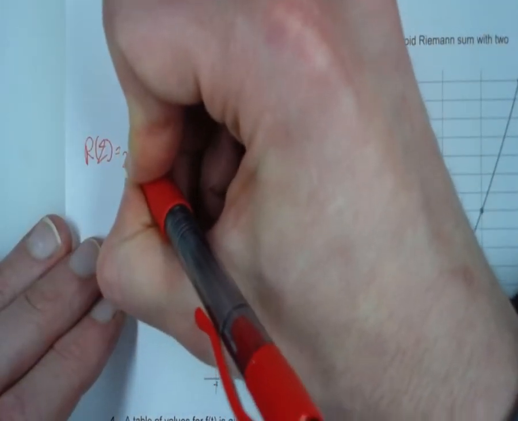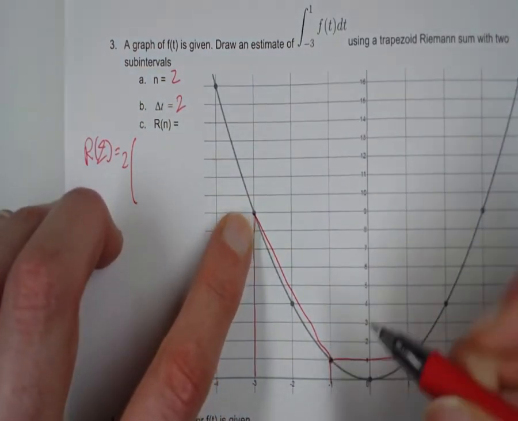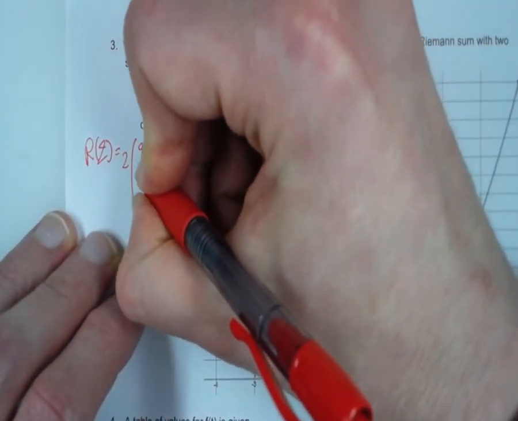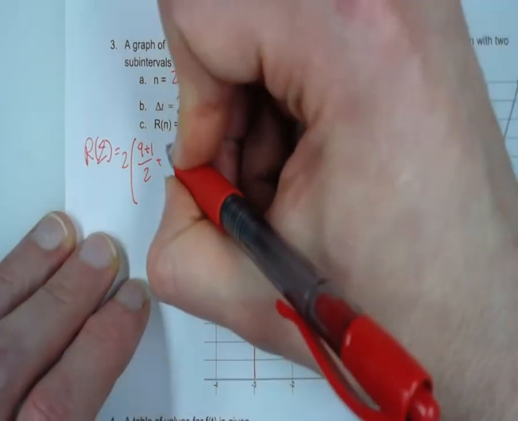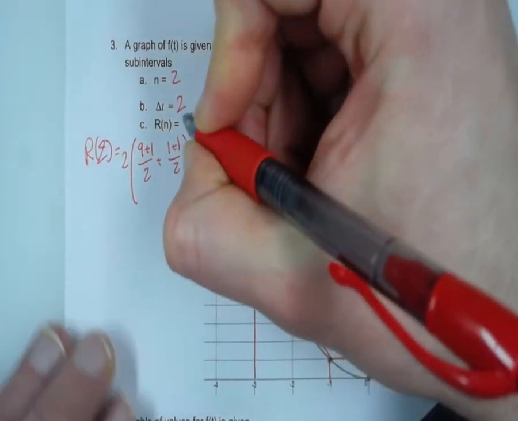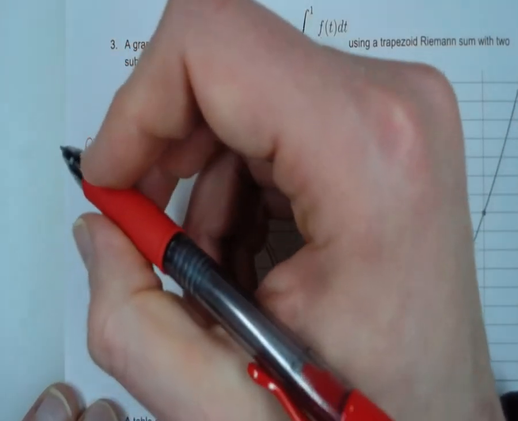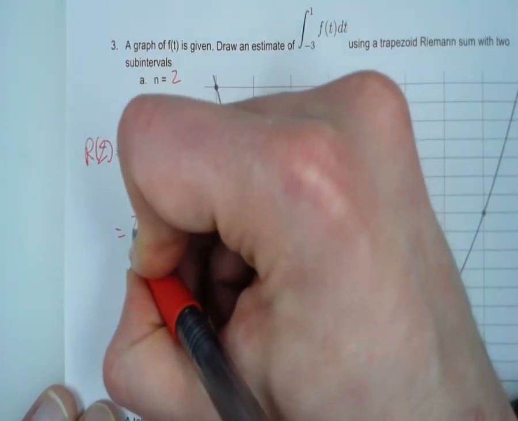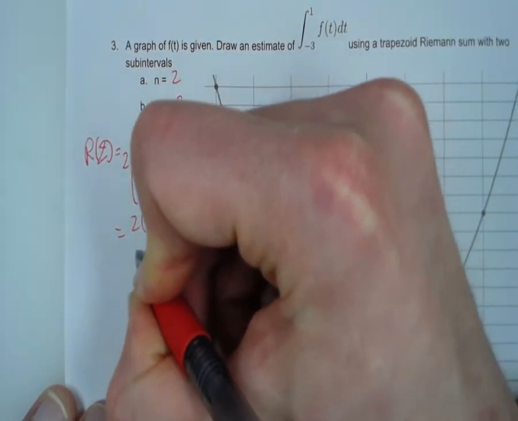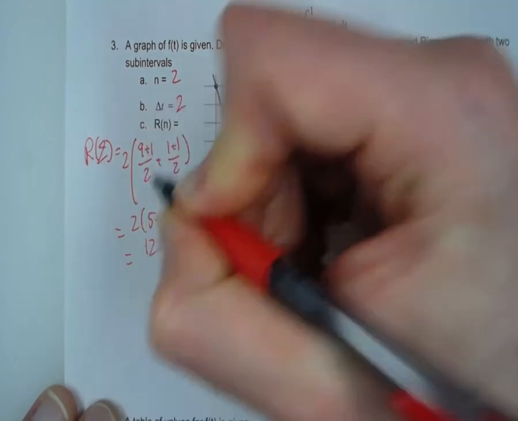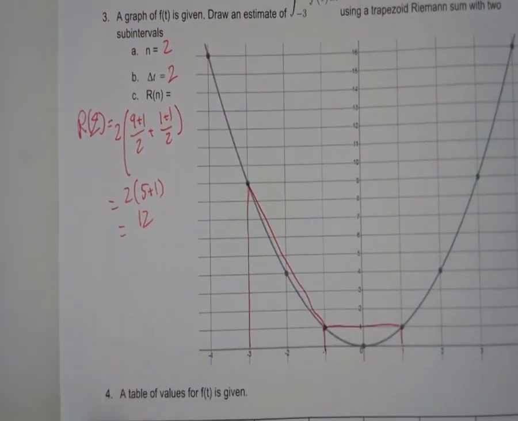So we have 2 times, let's average these, 9 and 1, and 1 and 1. So 2 times 5 plus 1, and we get 12 for this trapezoid.